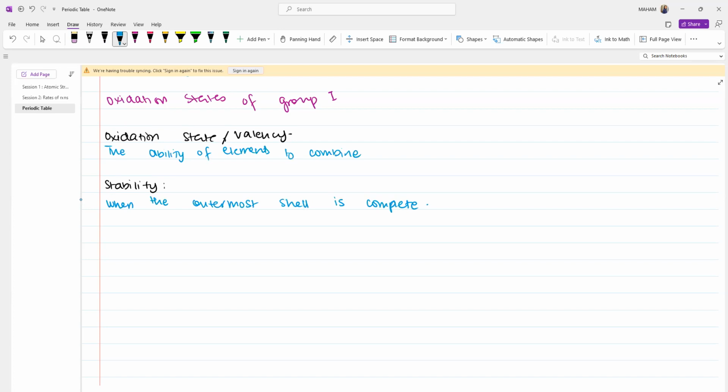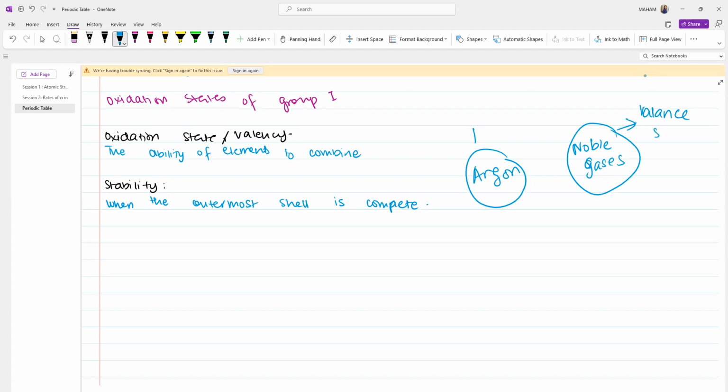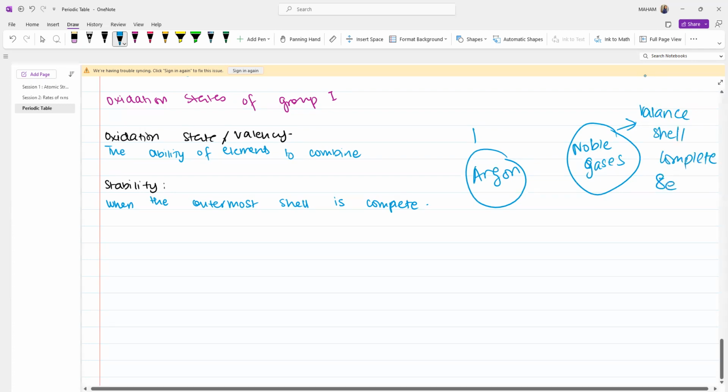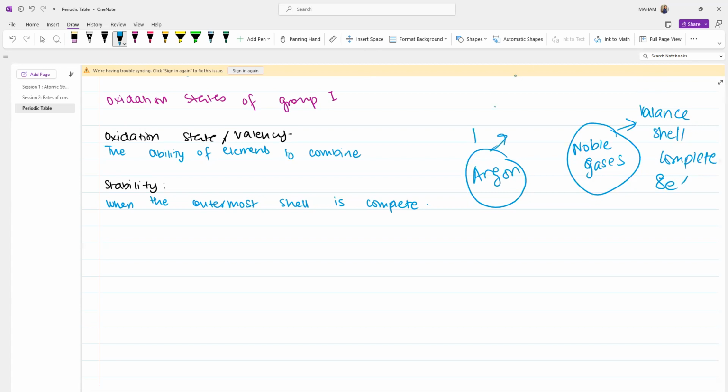So in noble gases, the last shell, that is the valence shell, is complete, right? The valence shell has 8 electrons inside it. Wait, argon is a noble gas. I took the wrong example here.